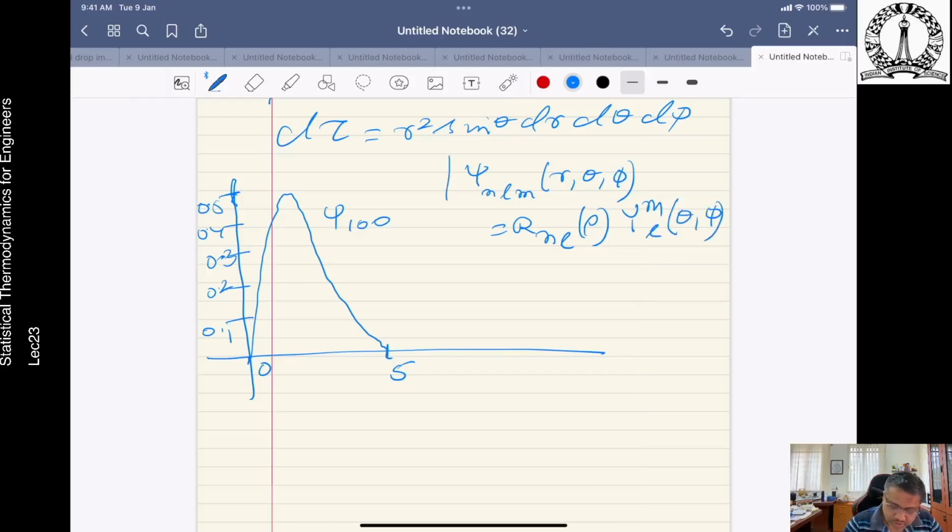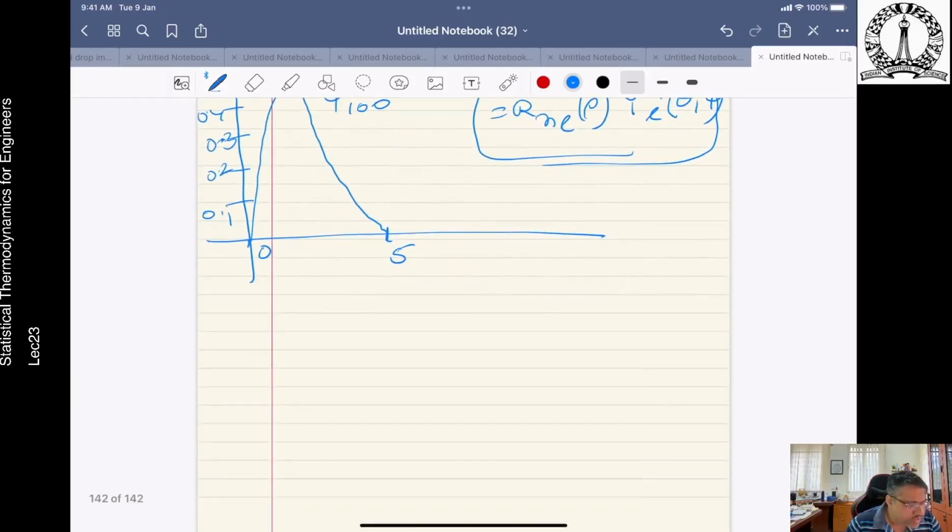This was the total solution, right? So this is basically with respect to n equal to 1, L equal to 0, m equal to 0. That is the first cloud.